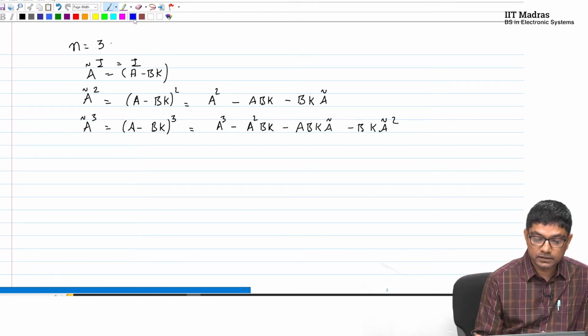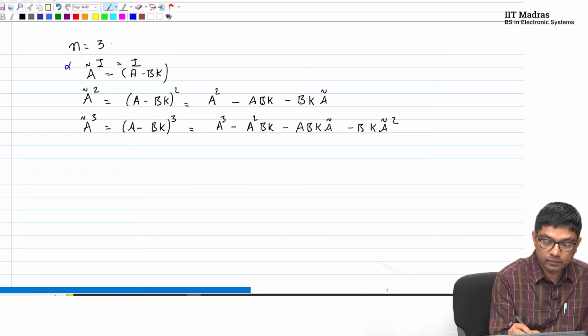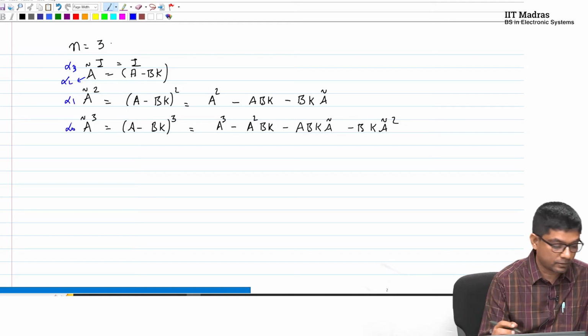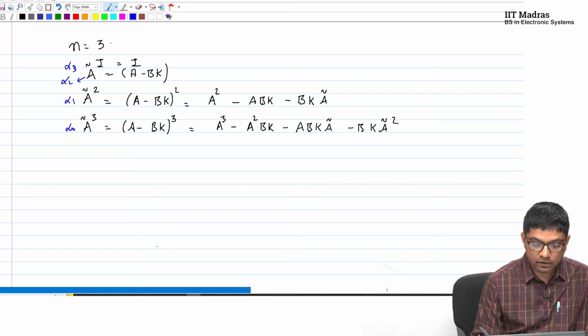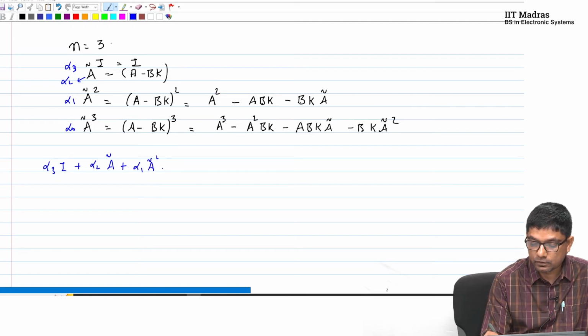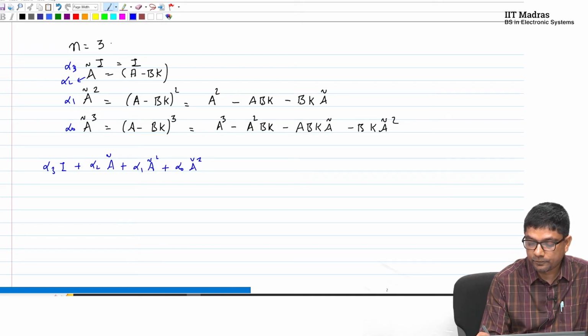So what I do is I multiply the first term by alpha 3, the second term by alpha 2, the third term by alpha 1, the fourth term by alpha naught, and just add all of these. So where will I be now? I will have alpha 3 I plus alpha 2 A tilde plus alpha 1 A tilde square plus alpha 0 A tilde cube.